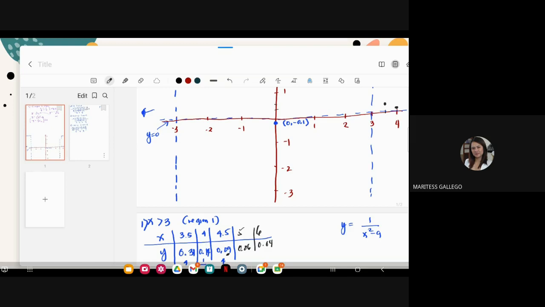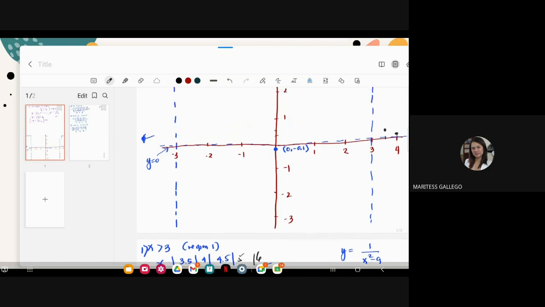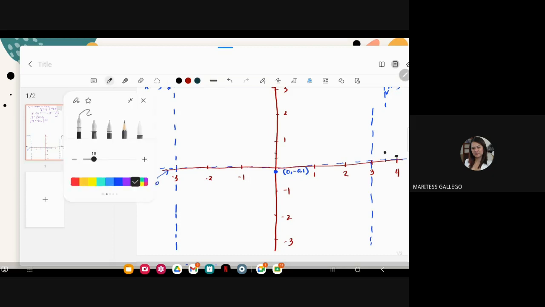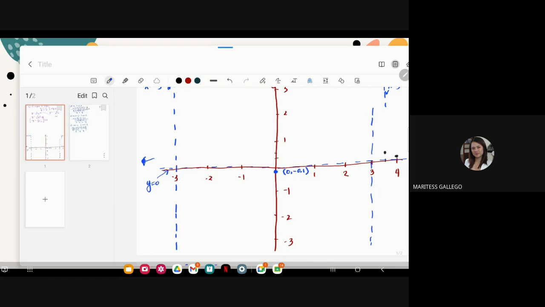So ibig sabihin, if we finalize our graph, okay, kung gusto nyo makita kasi 3.5 lang, pwede naman yung 3.2. Pero dito pa lang kasi makikita nyo na ang graph natin, total asymptote yan. It will just approach our x-axis, but it will not intersect.